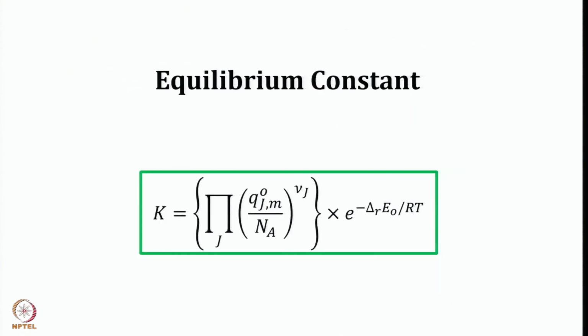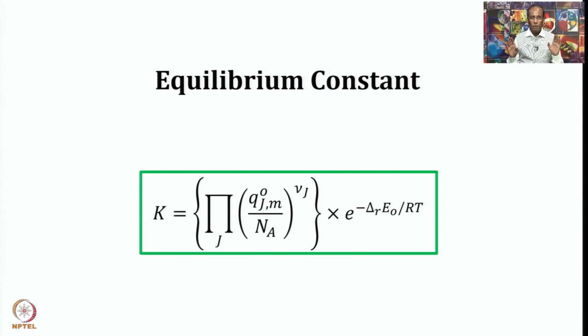Finally, having discussed all other thermodynamic quantities, we ended by connecting the molecular partition function with the equilibrium constant. Remember that the equilibrium constant is a very important thermodynamic quantity because it tells us how much product is formed, not only academically but industrially also.